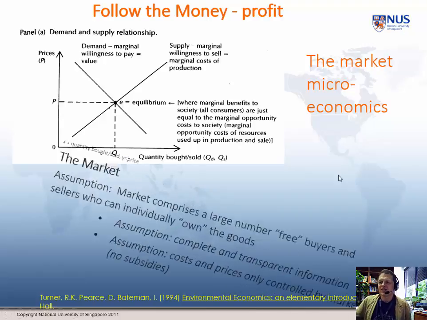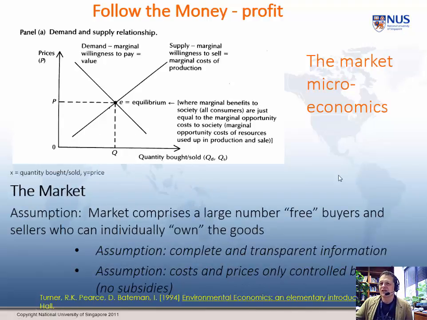Okay, so what about this market? The assumptions that underlie this graph, there are a number of them, and when problems happen, it's actually usually because one of these key assumptions has been breached.